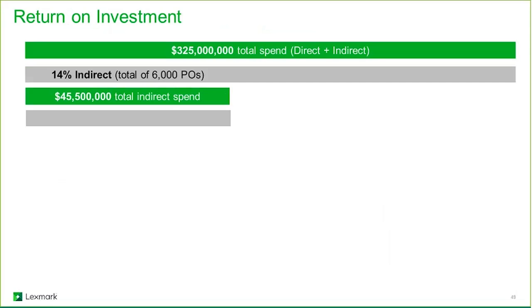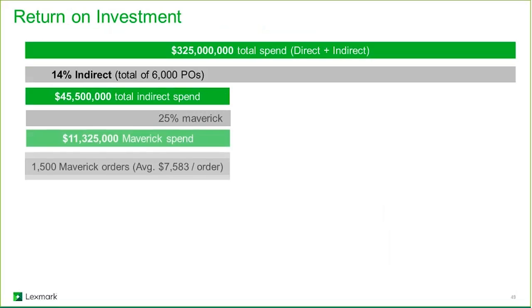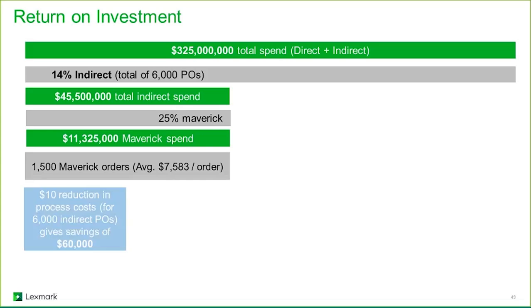This represents about $45.5 million U.S. of total indirect spend. And 25% of this is undisciplined, or we would say Maverick. And that would represent about $11 million in Maverick spend. So that's about 1,500 orders, which give you a value of about $7,000 per order.